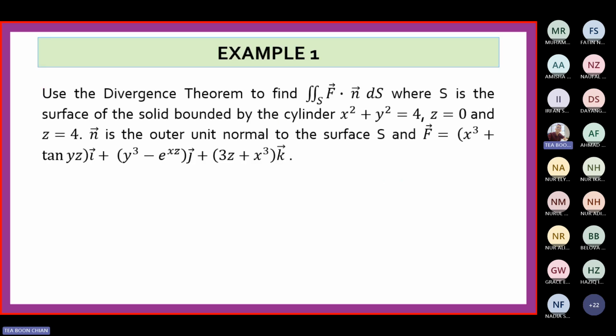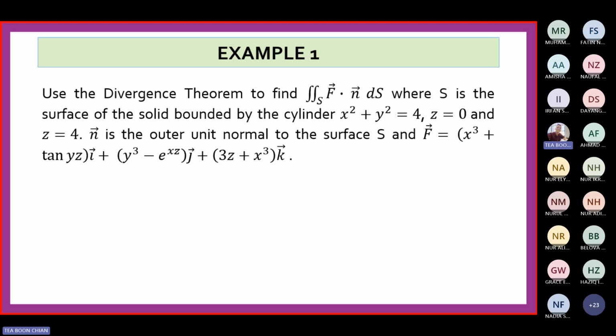Remember this? If you don't, it's time to do some revision. All right, let's look at the first question. The first question asks you to use the divergence theorem to find the double integral. If the question asks you to use the divergence theorem to find the double integral, it means you evaluate a triple integral. This instruction is just like Green's theorem: if the question asks you to use Green's theorem, you evaluate a double integral.